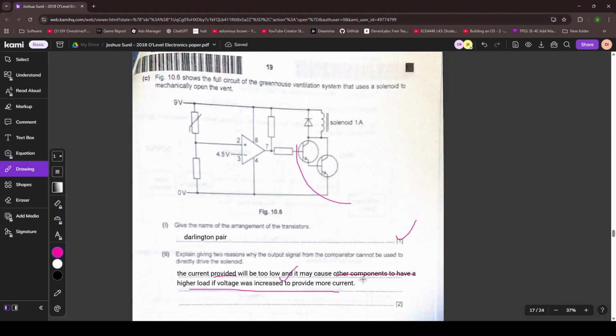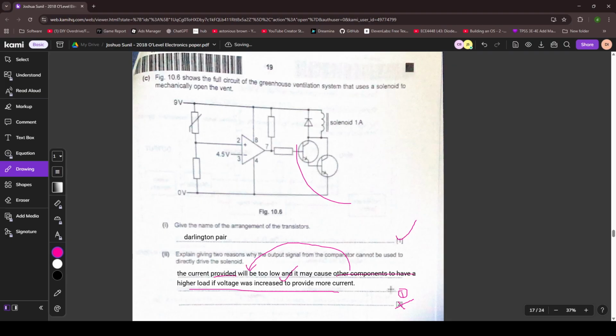You are suggesting to increase the voltage to make the current higher, but then it goes back to the fact that the current provided will be too low. So technically you're not stating a different point. So you only get 1 point.